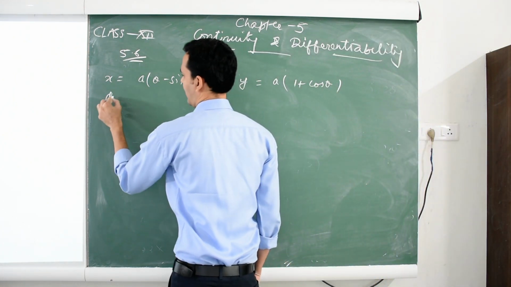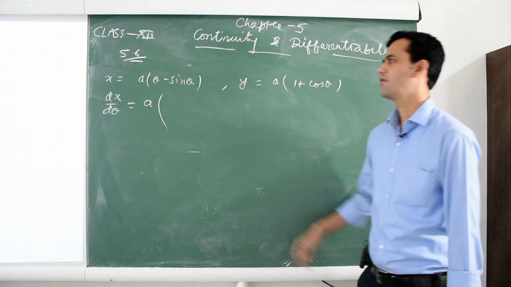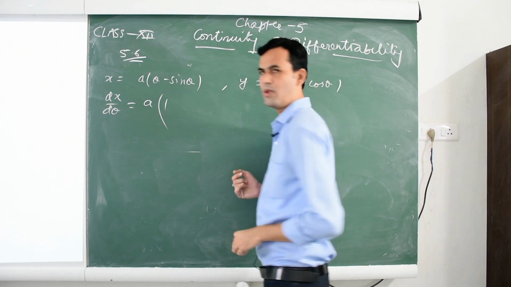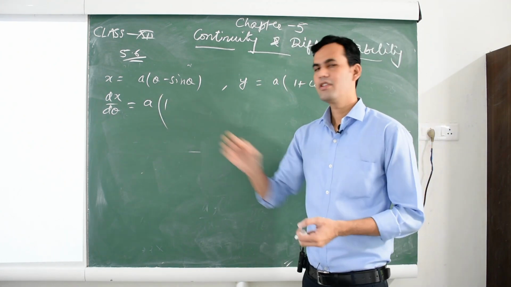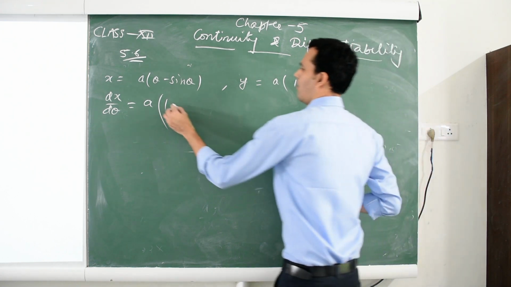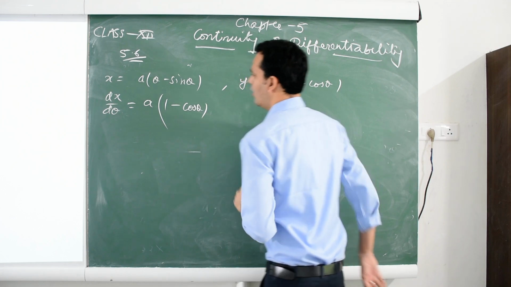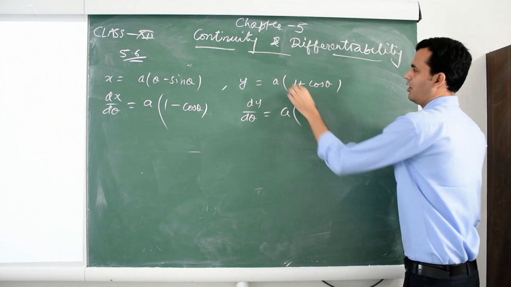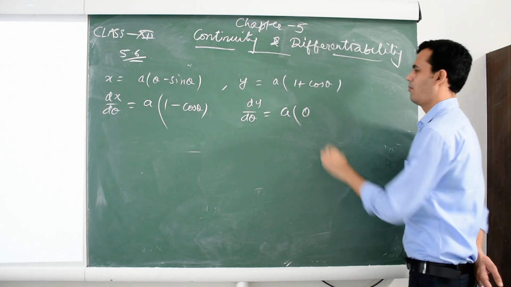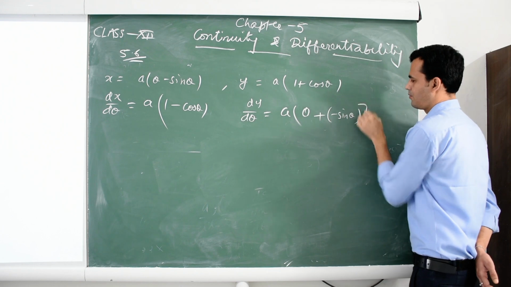So we get dx by d theta, a as it is. Differentiation of theta is 1, because differentiation of x is 1. So theta, differentiation of theta is also 1, minus differentiation of sin theta is cos theta. Similarly, dy by d theta, a as it is. Differentiation of 1 is 0 plus differentiation of cos theta is minus sin theta.